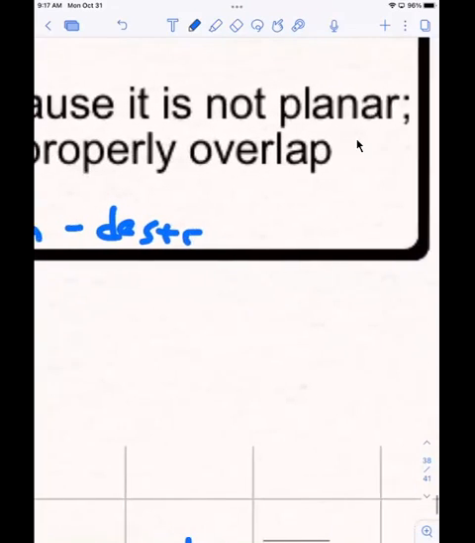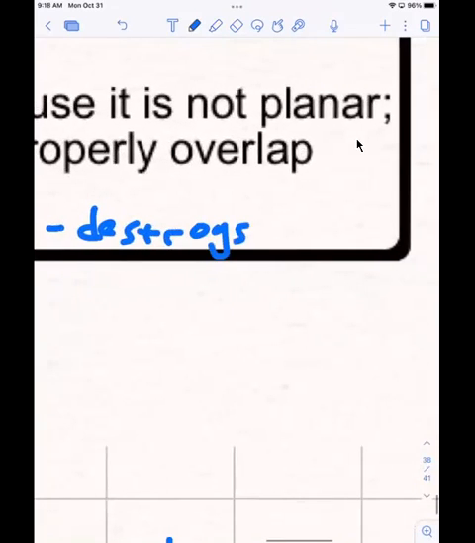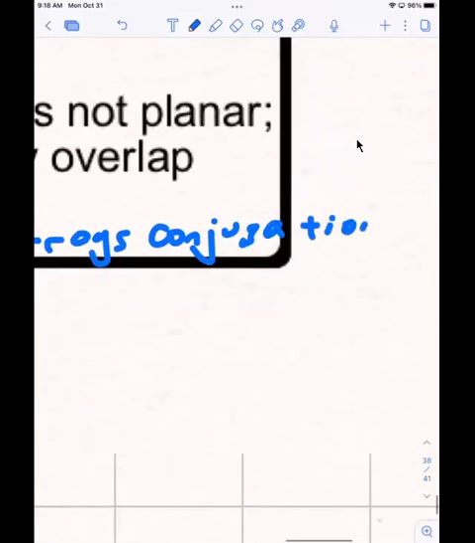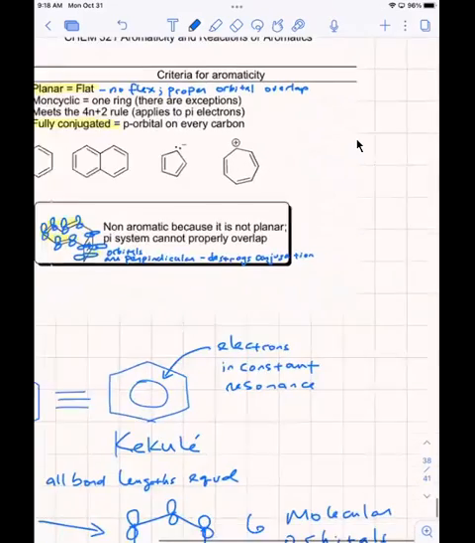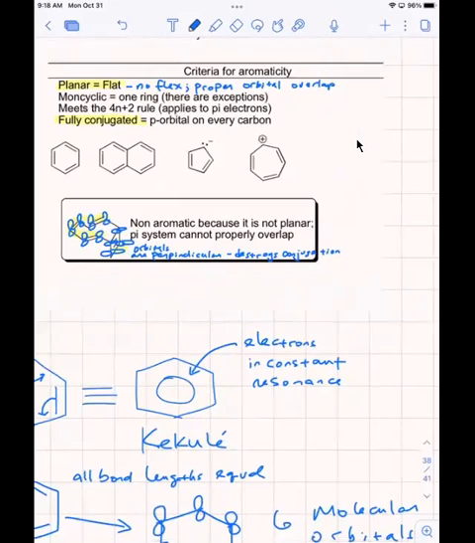So that's going to destroy the full conjugation.